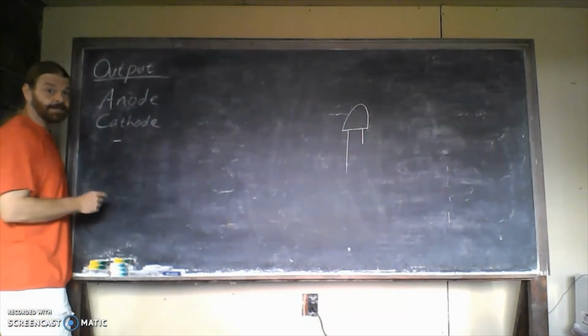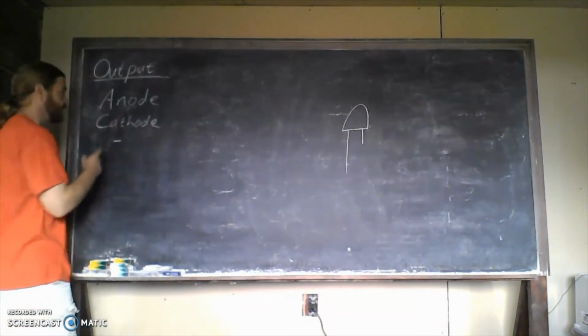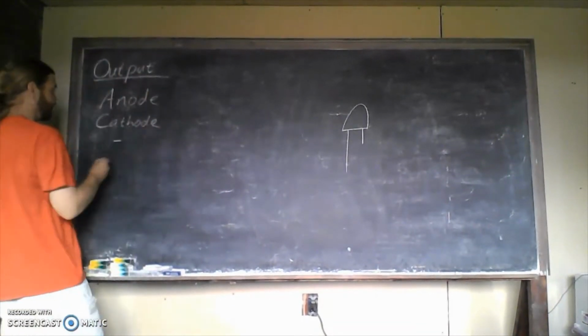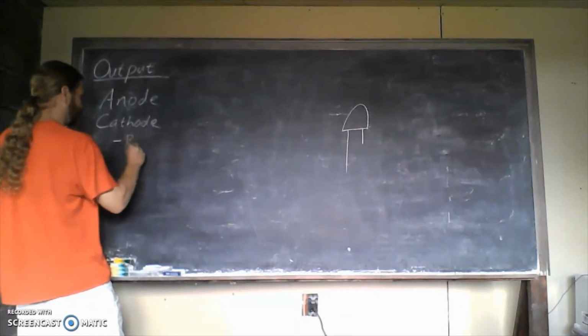The reason for that is these are chemistry terms. They're chemistry terms that electricians adopted. So cathode is where reduction occurs.